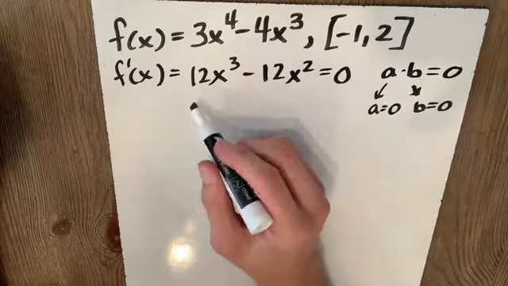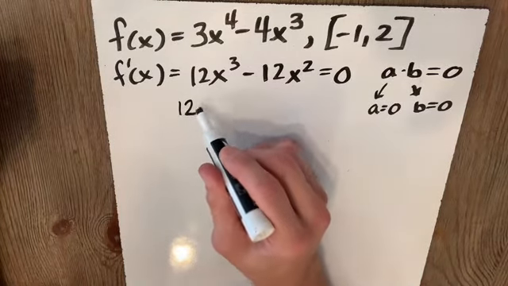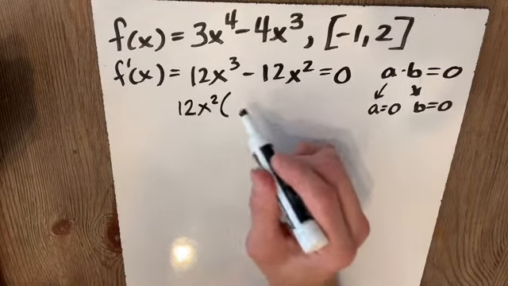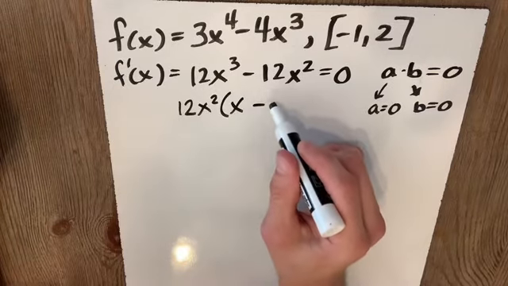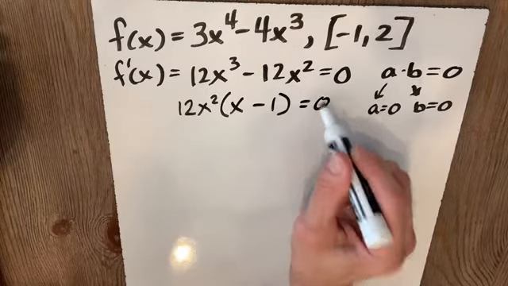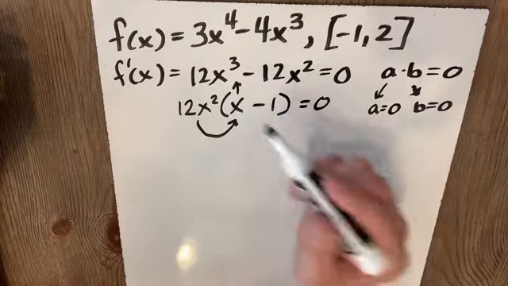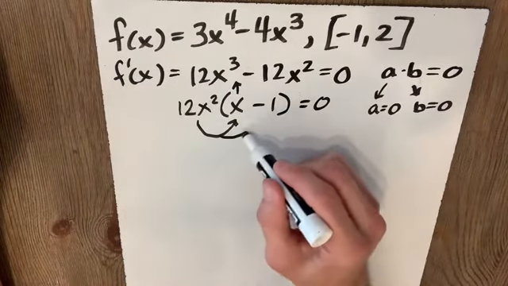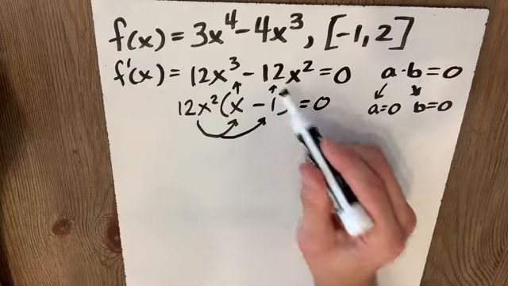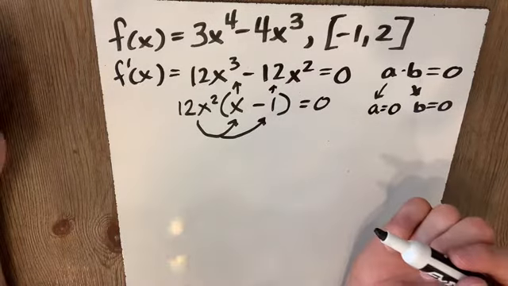So I try to factor out what's common to both. 12x squared is common, and I'm left with x minus 1 equals 0. Now let's see, did I get it right? 12x squared times x is in fact 12x cubed, and 12x squared times negative 1 is in fact negative 12x squared.